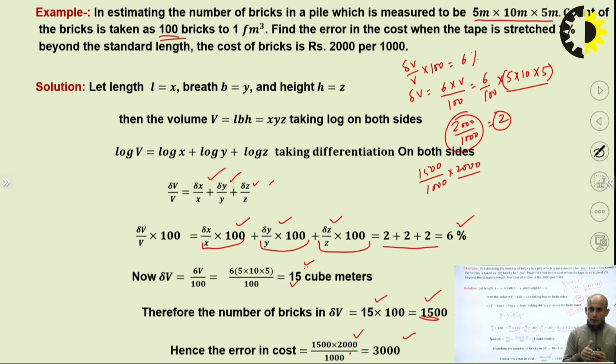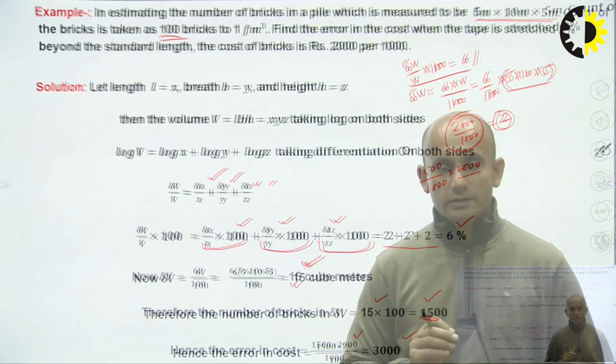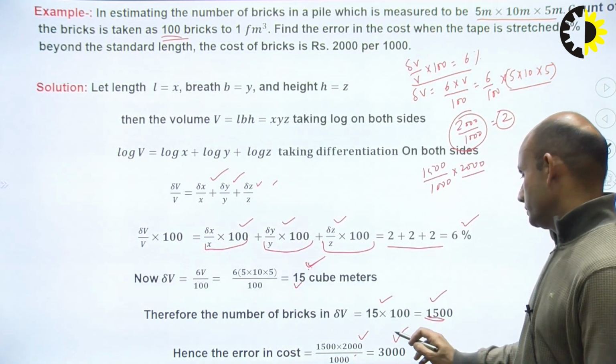First we find the error in whole volume, delta V, which is 15 meter cube. So first we find the error in estimating the pile of bricks. Then we find the error in counting the number of bricks, and then the error in the cost of these bricks, and this is rupees 3000.